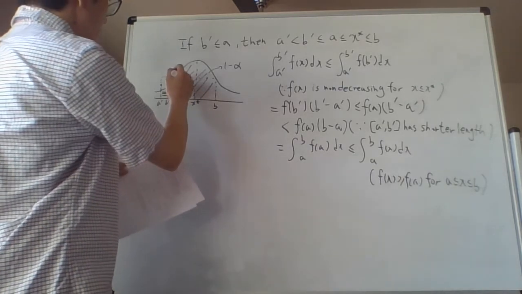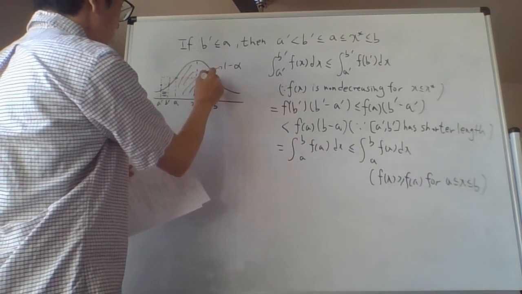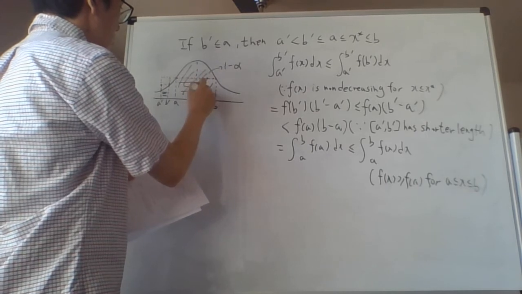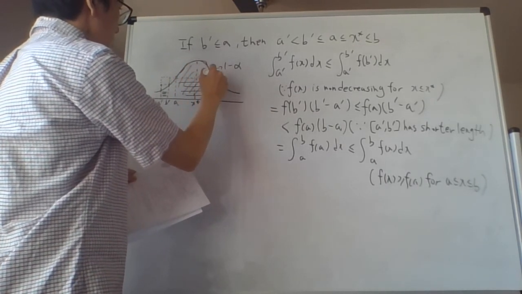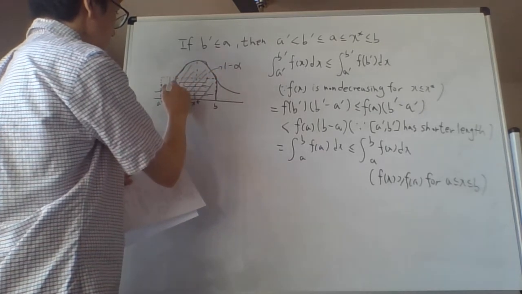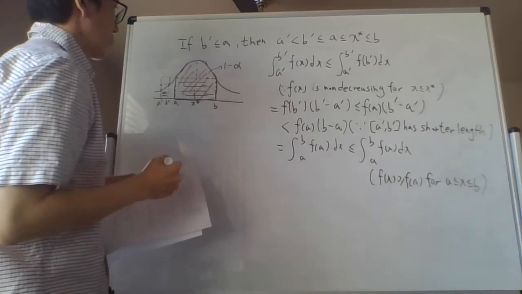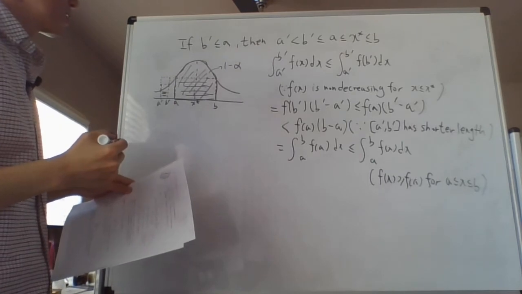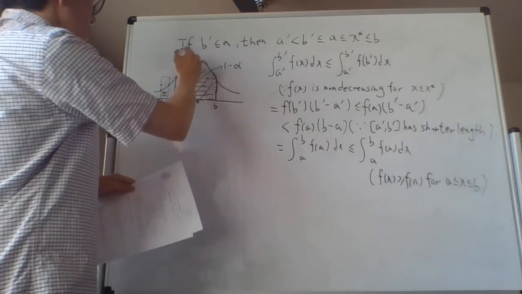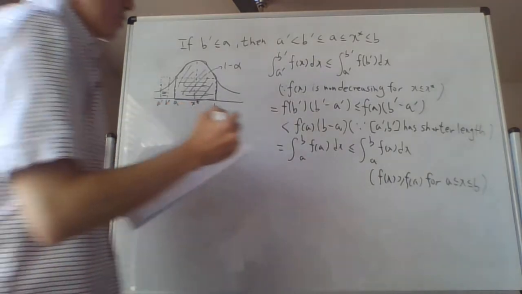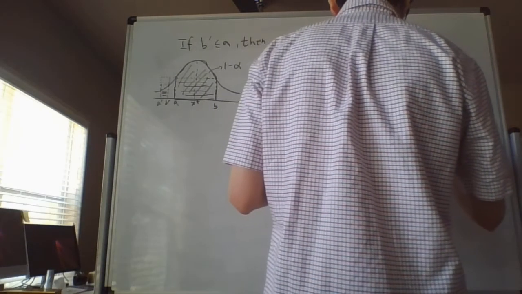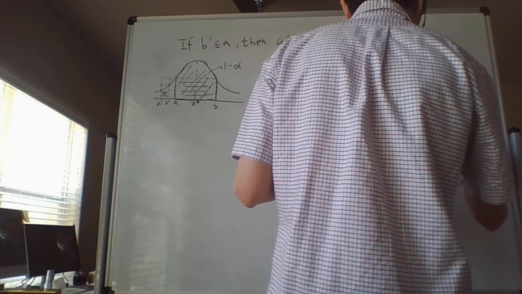So this rectangle here is less than this 1 minus alpha, which is the area under the curve between a and b. This 1 minus alpha.